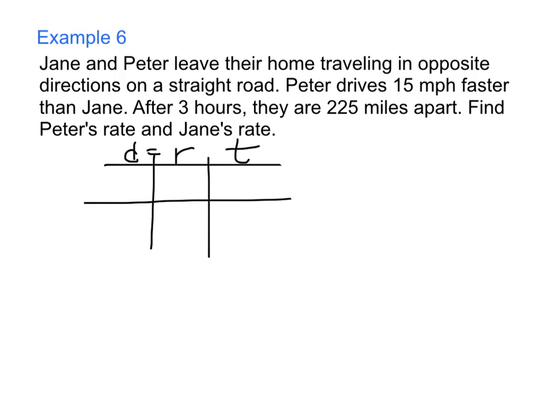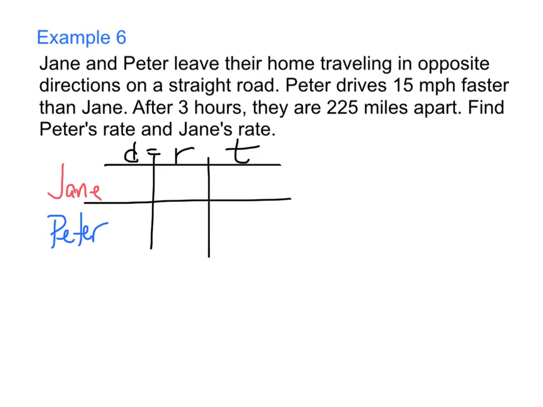All right, so who are we talking about? Well, we're talking about Jane and Peter. So, what do we know? Well, what's Jane's rate? Does it say how fast Jane is going? Nope.